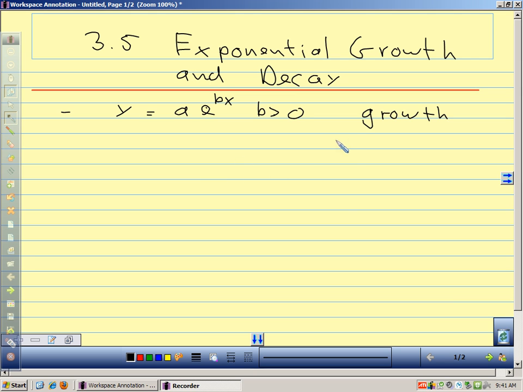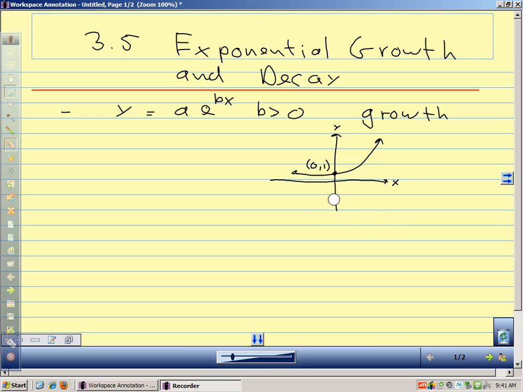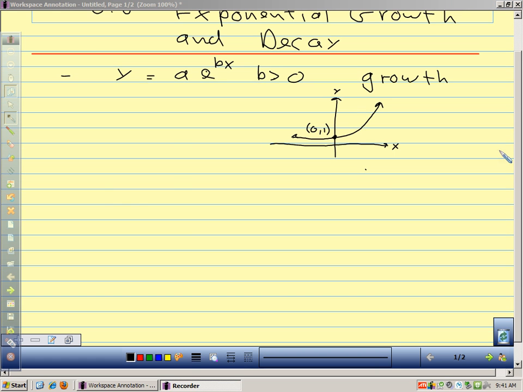Just a quick graph, a reminder of what exponential growth looks like. It looks like that, if this is our x and y axis. And remember, our exponential function, if it's not shifted, always goes through the point (0, 1). So this is what we call our growth model.